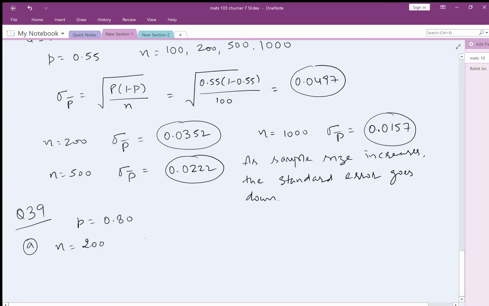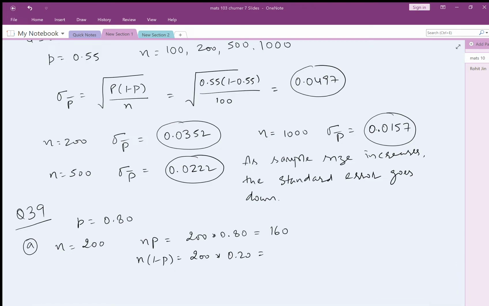So n times p is 200 times 0.80, which is equal to 160, and n times 1 minus p is equal to 200 times 0.20, which is 40.